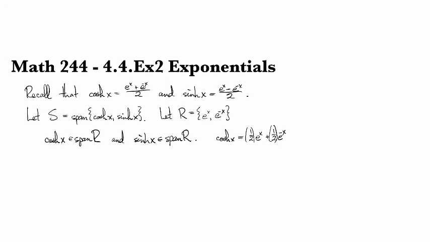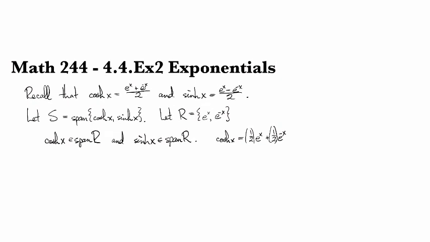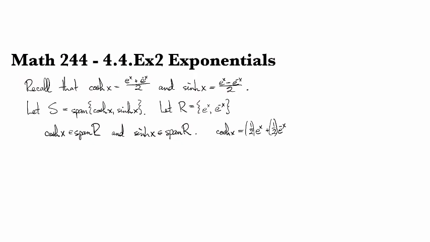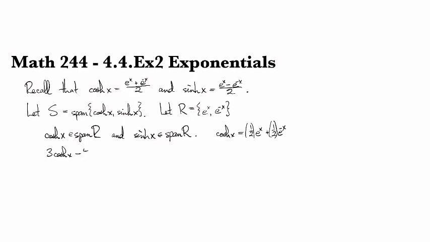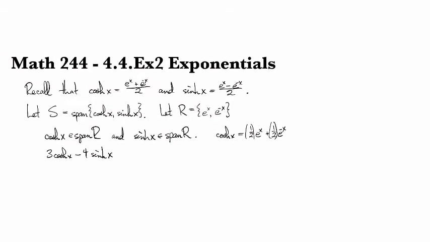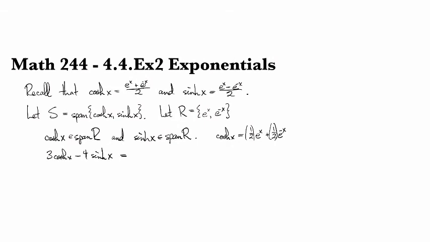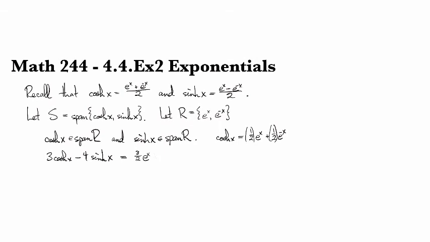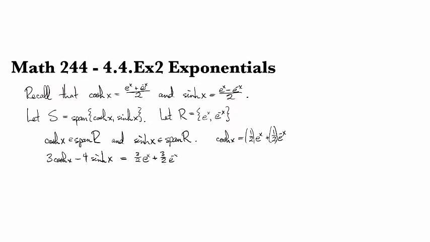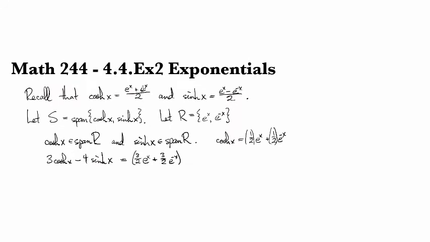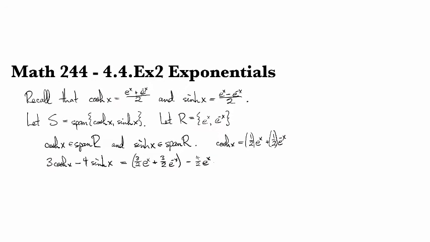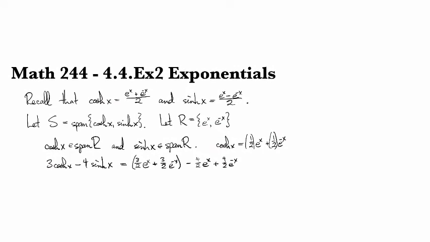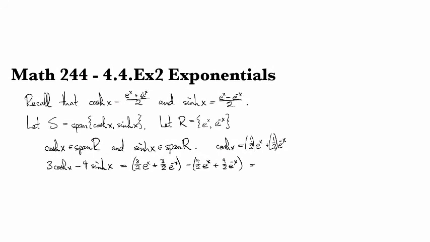Okay, that means then that since those guys are in the span of R, anything that can be built out of cosh and sinh, so if I have 3 cosh x minus 4 sinh x, then you can rewrite this in terms of, so this is going to be 3/2 e to the x plus 3/2 e to the negative x coming from the cosh term, minus 4/2 e to the x minus negative 4/2 e to the negative x coming from the sinh part.